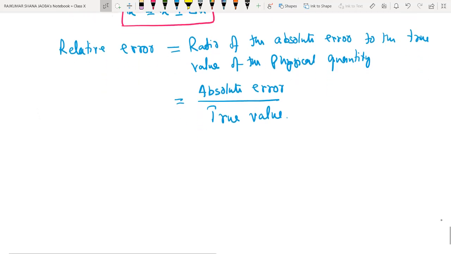So relative error we can represent by delta x equal to delta x bar divided by the true value x bar.